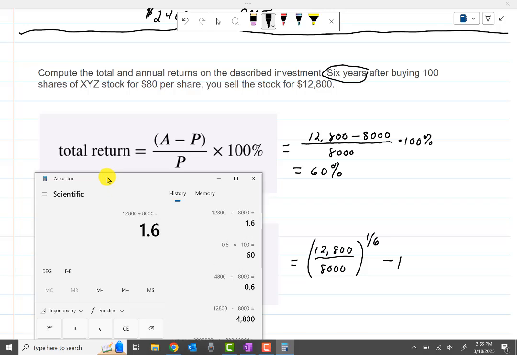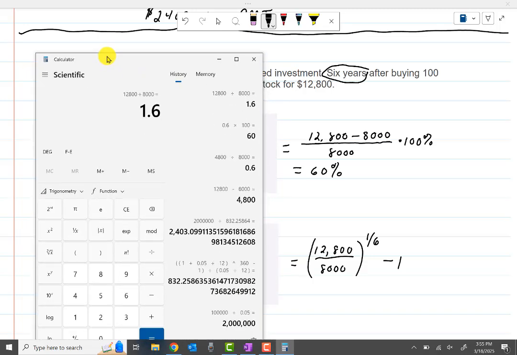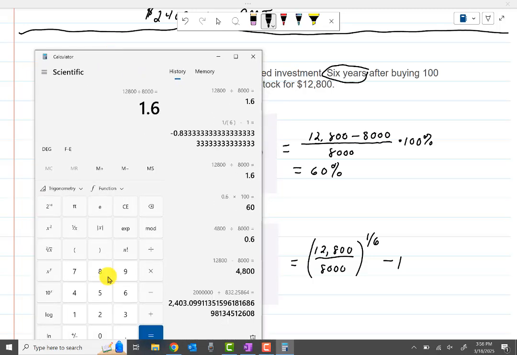Now I've got to raise this to the 1/6 power. This is a bit strange, but here's how you do it. Let me bring my calculator up here. I've got to raise that to 1/6 power. So let me hit the y to the x button. So I'm going to hit the number 6, but I'm going to flip it upside down by hitting 1/x. There, if you can see this up here, I have 1.6 to the 1/6.